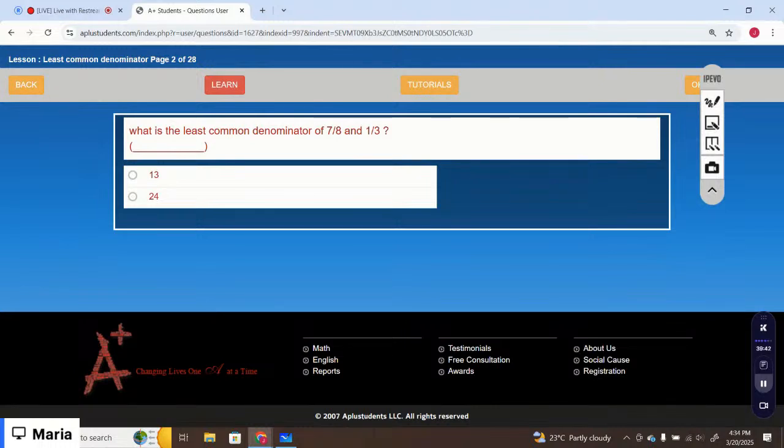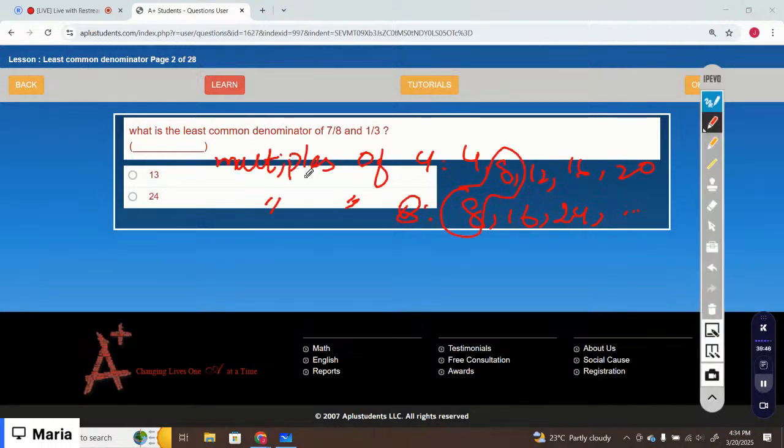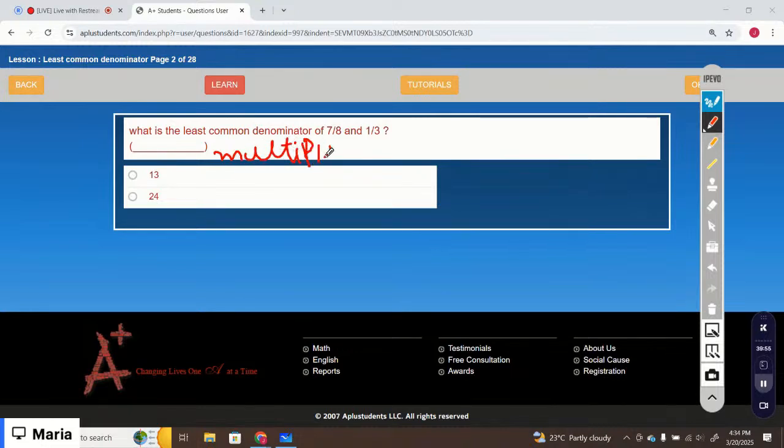What is the least common denominator of 7 over 8 and 1 over 3? So you have to write down the multiples of 3 and 8. I'm going to write the multiples of 3 first.